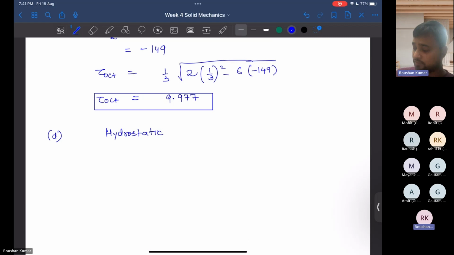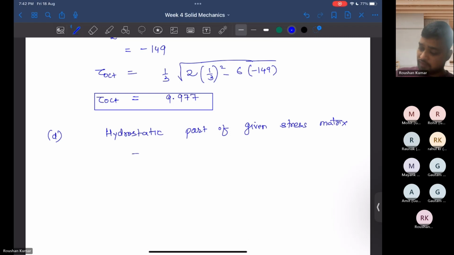The hydrostatic part of the given stress matrix is nothing but 1 by 3 times the identity tensor. That is 1 by 3, 1 by 3, 1 by 3, and all the off diagonal components are 0.